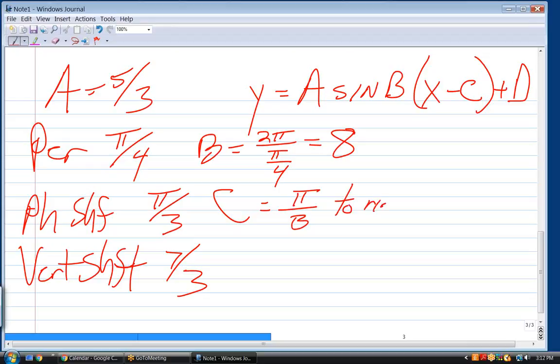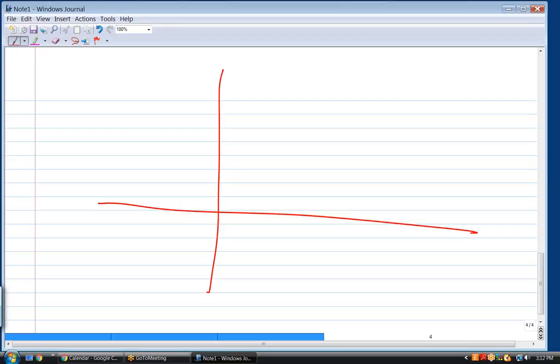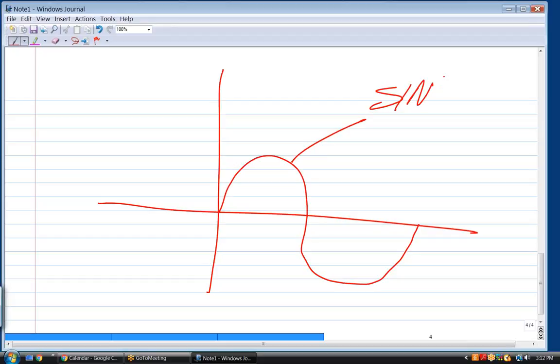It matters. Let's make sure you understand what phase shift is, because this is the first time you and I have ever talked about sinusoidal functions. That's sine of x. Well, what if I put a phase shift in there so that it said sine of x minus pi over 4?